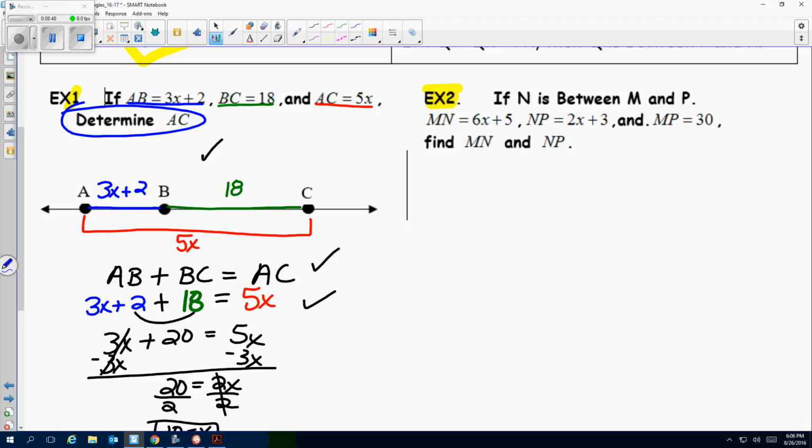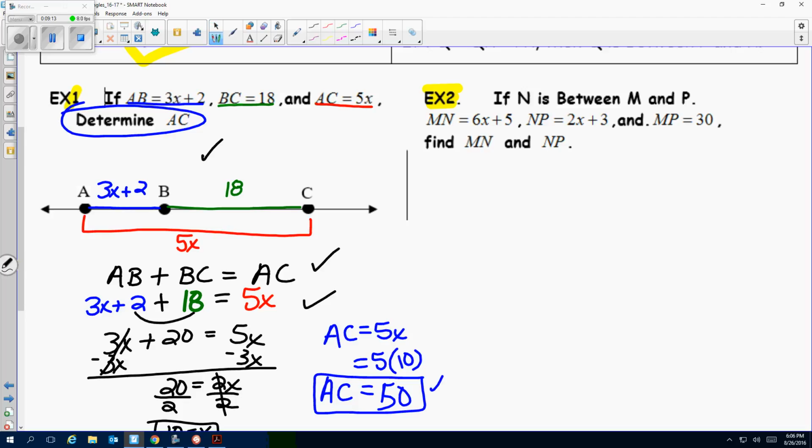AC was the expression 5x, 5 times x. I know x is 10, so it means 5 times 10. So AC equals 50. That's what we do to receive full credit.